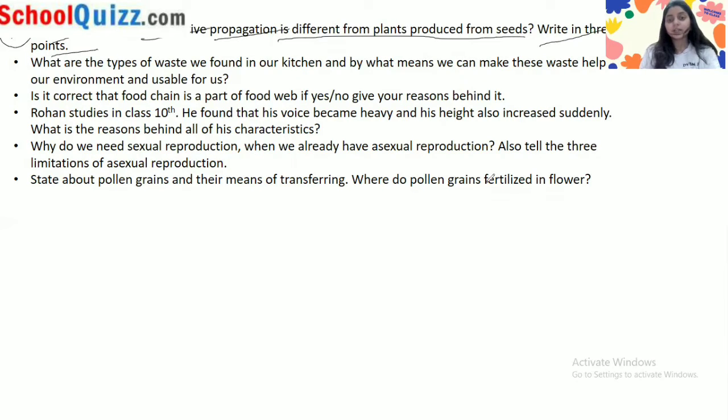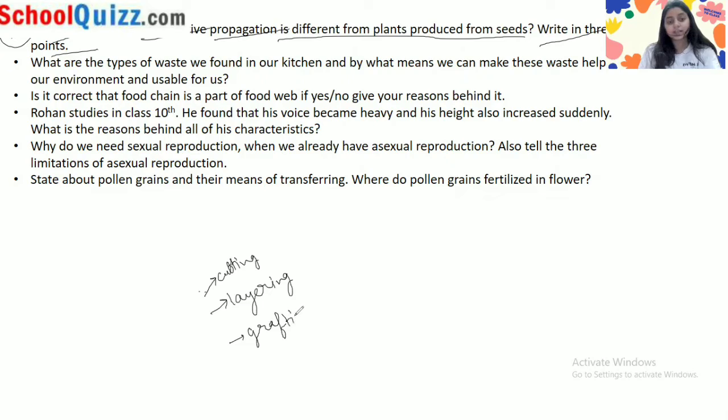So there are types by which plants can be produced by vegetative propagation: cutting, layering, and grafting.